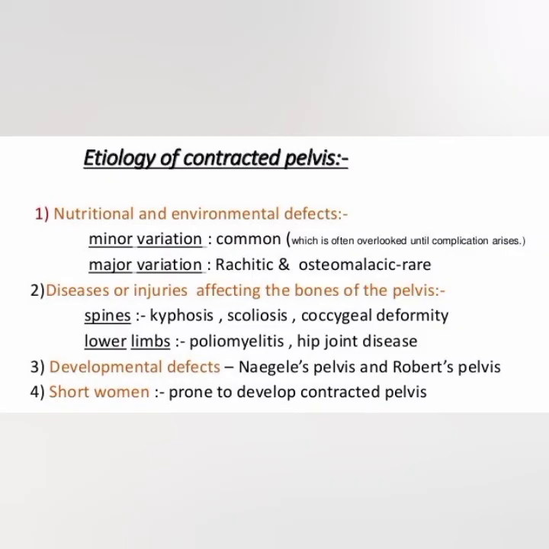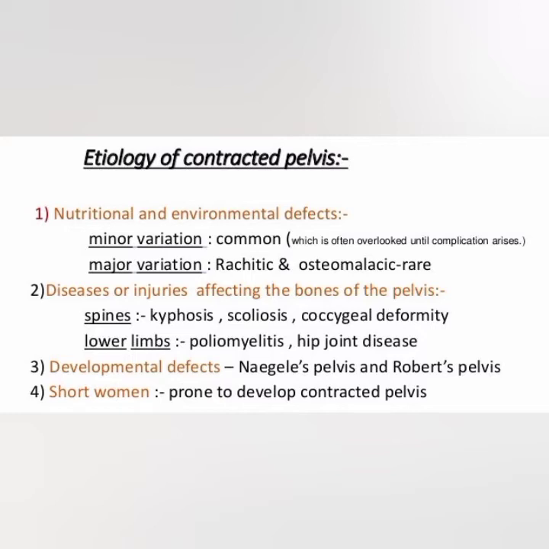Now coming for the etiology of contracted pelvis, due to different defects, deformities of pelvis can occur. Nutritional and environmental defects, it may lead to minor variation or major variation. Minor variation is the most common one. Then major variation types are rachitic pelvis and osteomalacic pelvis, which are rarely found.